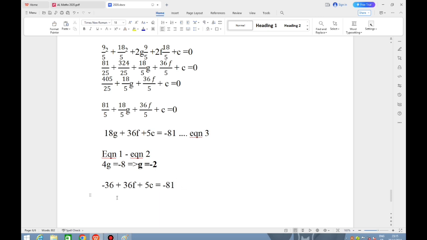Now we send 36 the other way, that gives us 36F plus 5C is equal to minus 81 plus 36, which equals minus 45. You can call this equation 4.